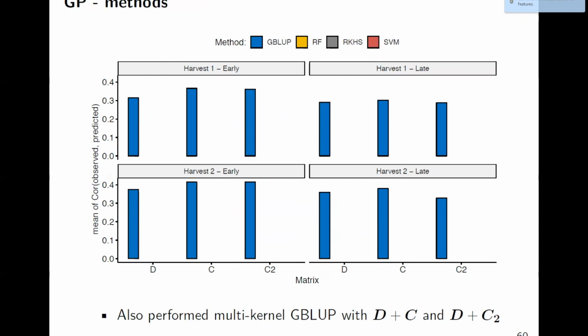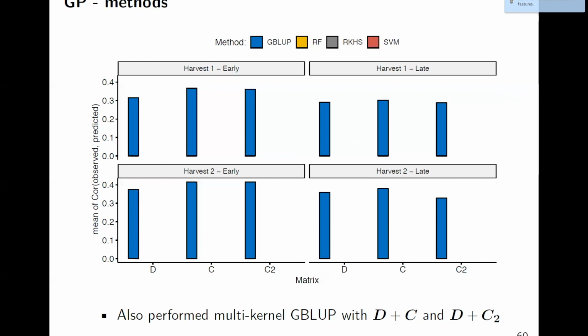And even when I use the C2 matrix, I didn't show the numbers here, but the D matrix has around 50,000 markers, while the C2 matrix has only 5,000 markers. So we still have a high prediction accuracy in comparison to the D matrix.